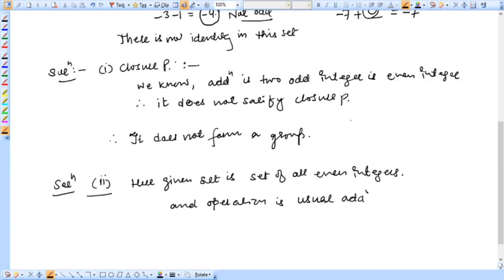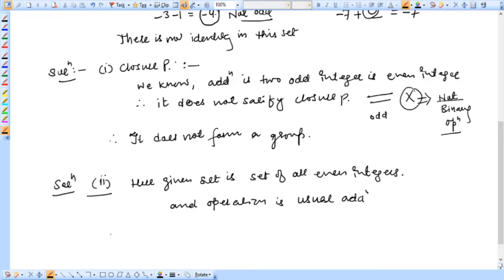One thing I would like to tell you here: since addition of two odd integers is not an odd integer again, we can say this operation is not a binary operation on odd integers. If it had been a binary operation, then addition of two odd integers would have been odd again, right?